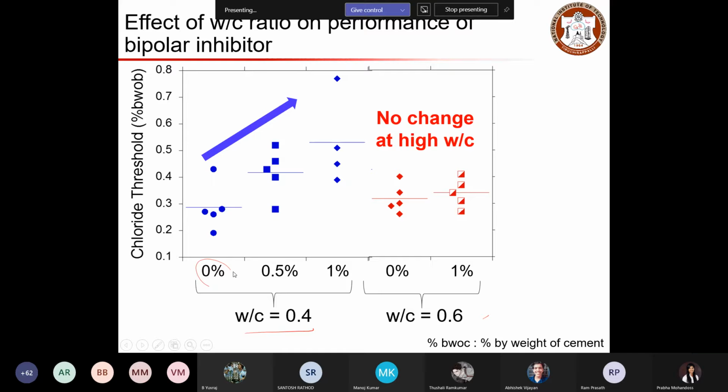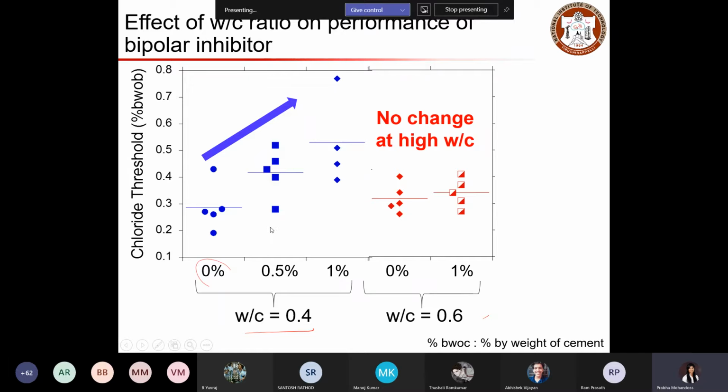Fine. So this 0% indicates the control concrete without any admixtures, and then you add admixtures of 0.5% by weight of the cement, and then about 1% by weight of cement.